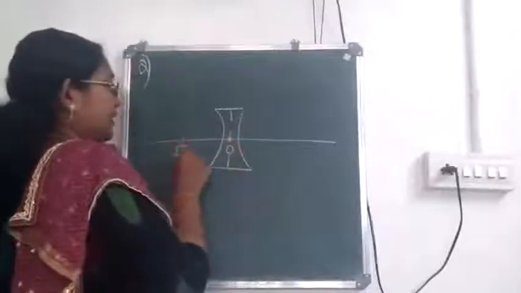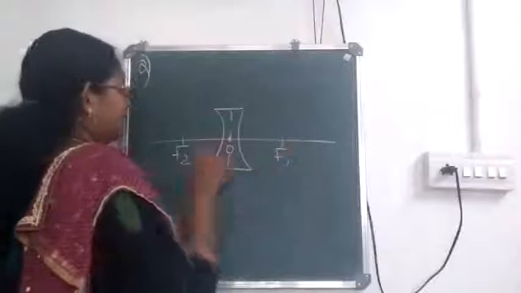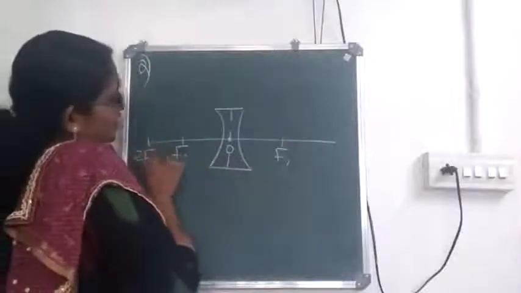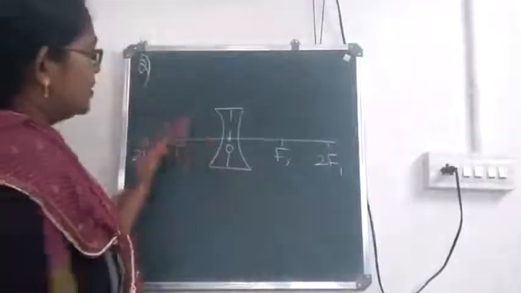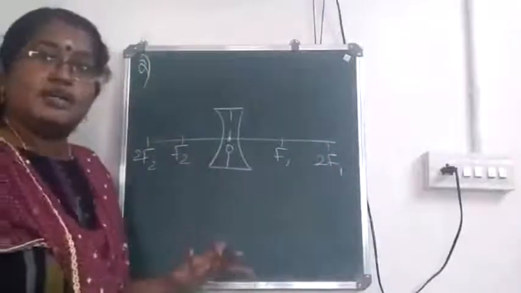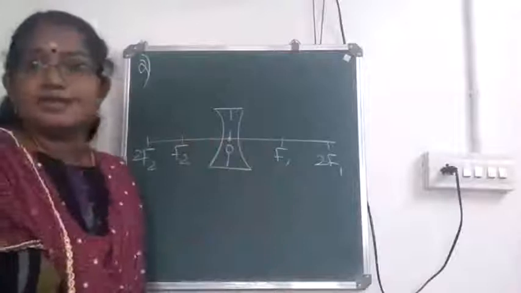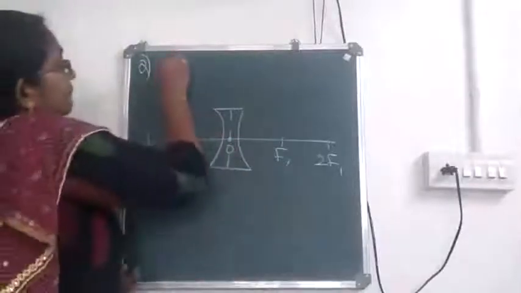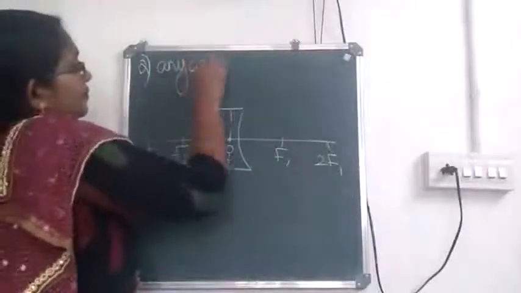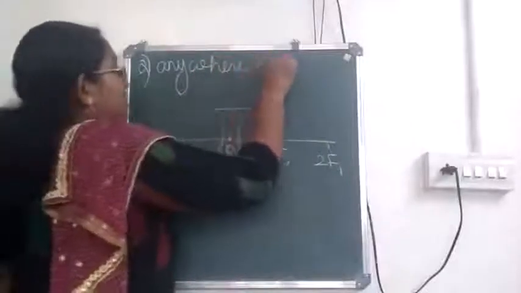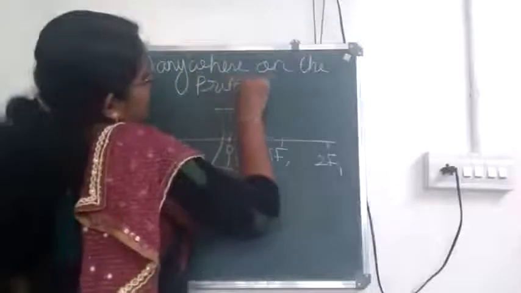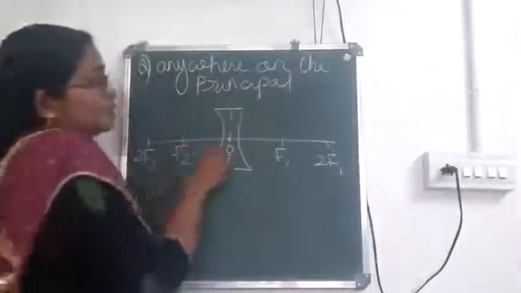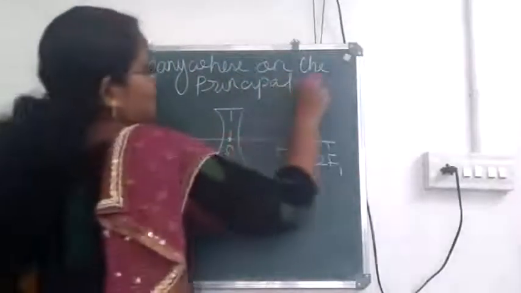Here I have F2, F1, 2F2, 2F1. You can keep the object anywhere on the principal axis. In all the cases, you will be getting the image between F2 and O.